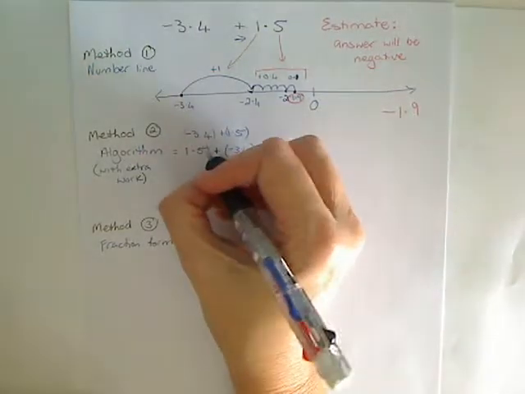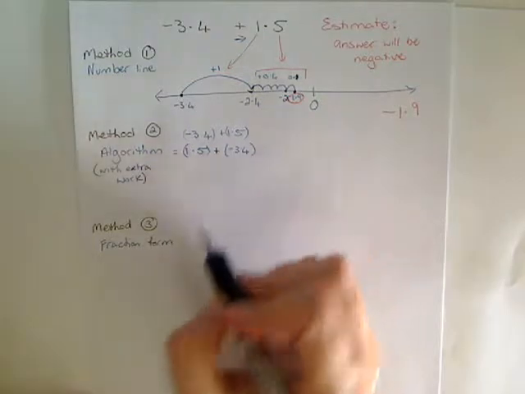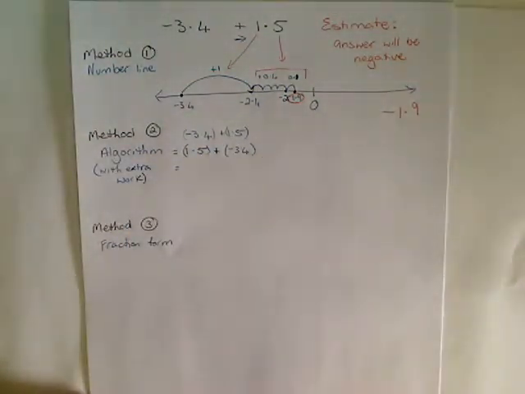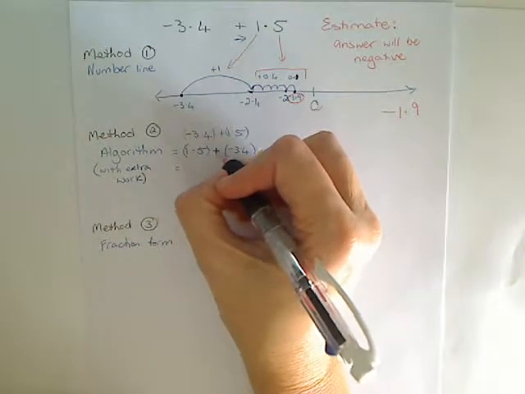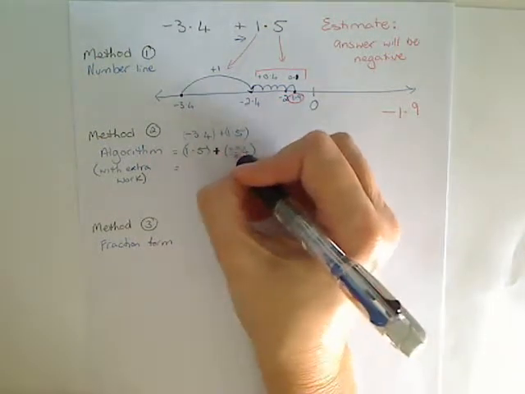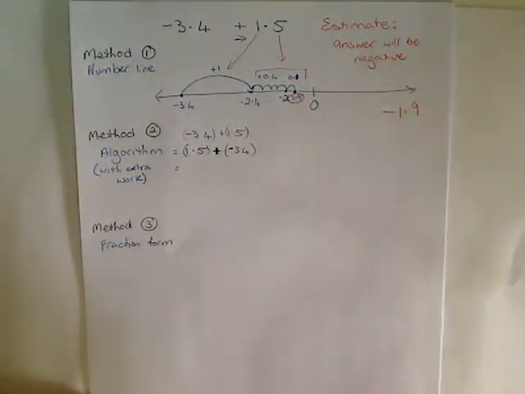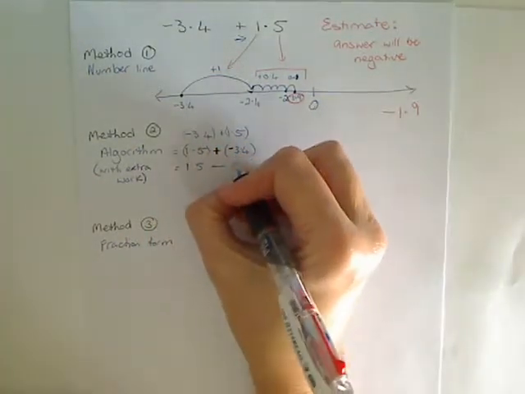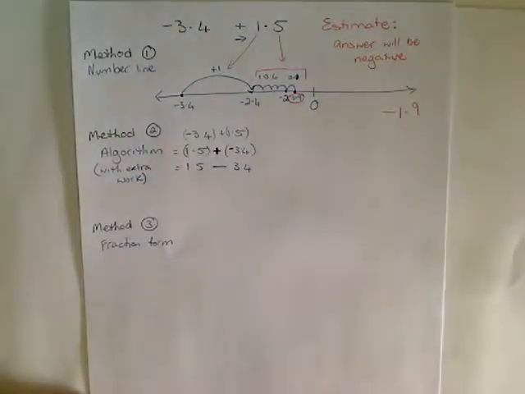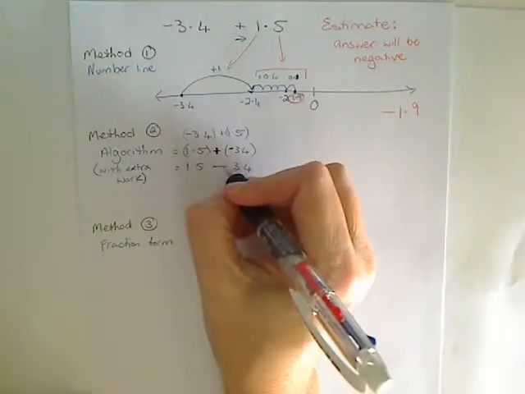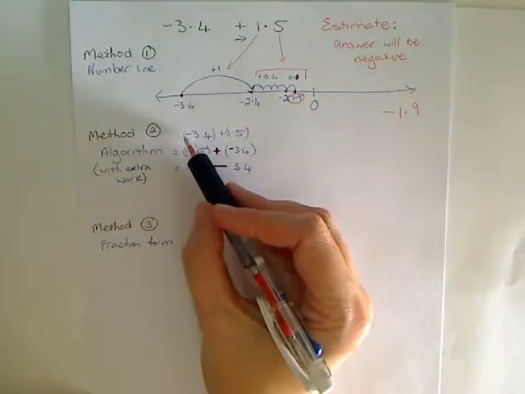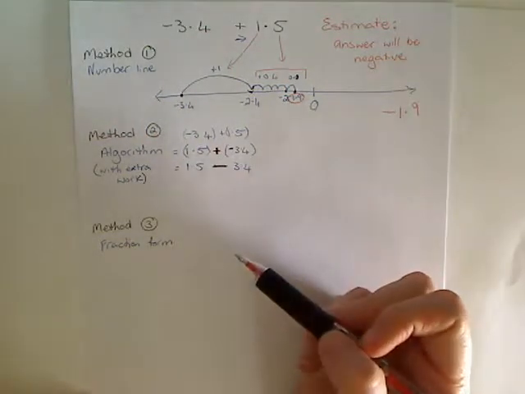So I'm just going to keep the negative number in brackets so we don't think it's a subtraction. Now I do know that when you add a negative number, that's the same as subtracting. 1.5 subtract 3.4. So that's why we're suddenly dealing with a subtraction, because we're adding a negative. Even when it was out here, we're still adding on a negative number.